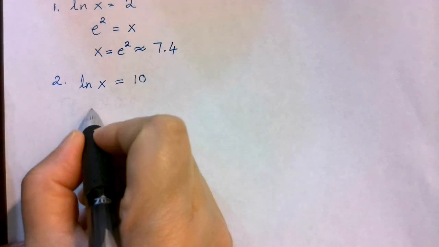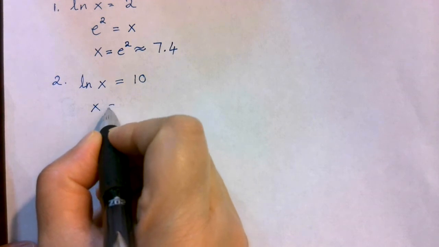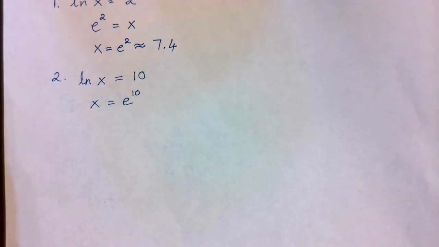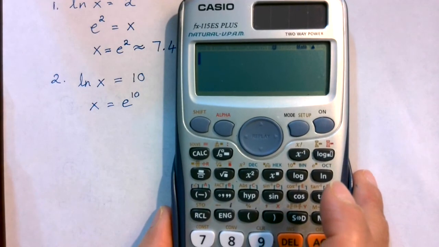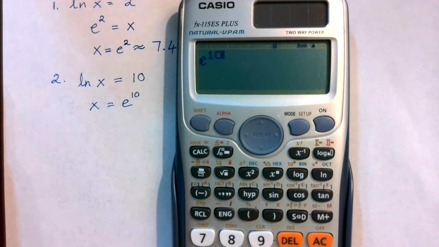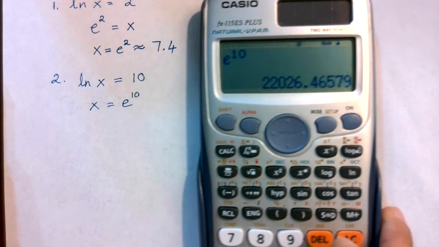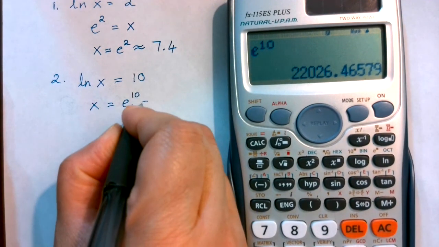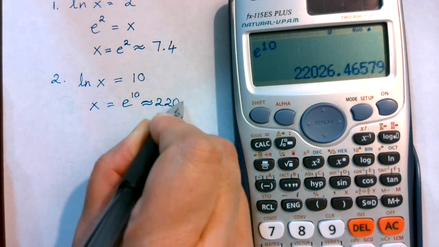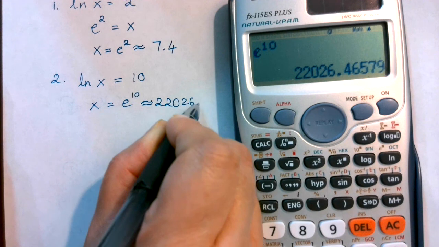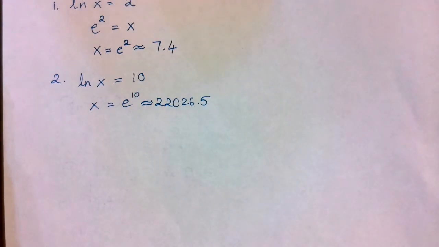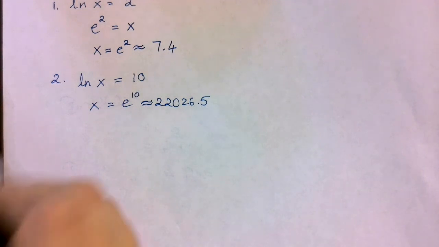Again, x is nothing but e to the power of 10. E to the power of 10 is 22,026.5.